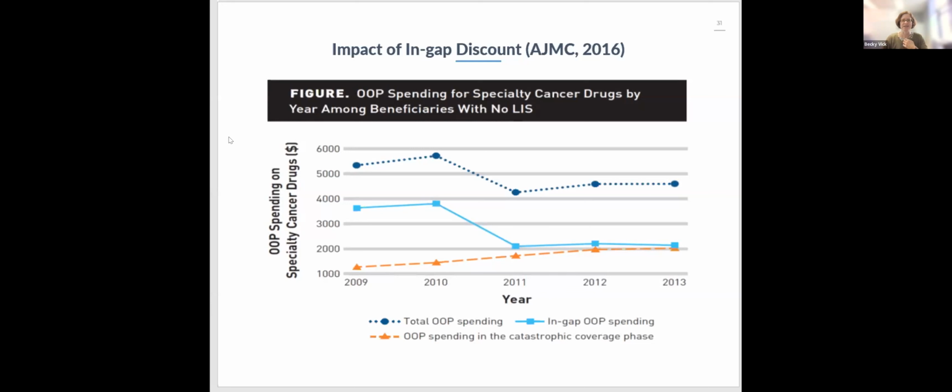The file contains a way to indicate if there was an LIS amount paid, and we can determine what the beneficiary paid out of pocket. You can identify cancer drugs, and yeah, so pretty cool graph. Get you thinking.